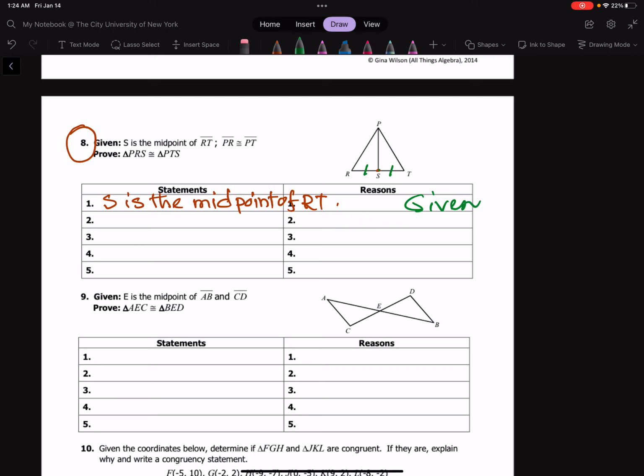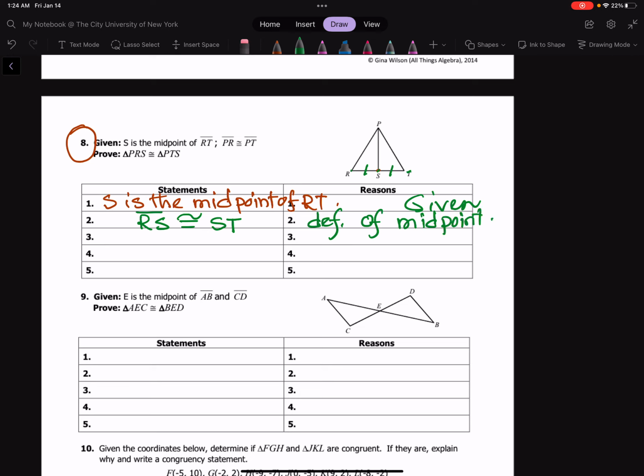All right, and then from that, the conclusion I can say is that RS is congruent to ST. So we will be saying RS is congruent to ST. Why can we say that? Because this is according to the definition of midpoint.